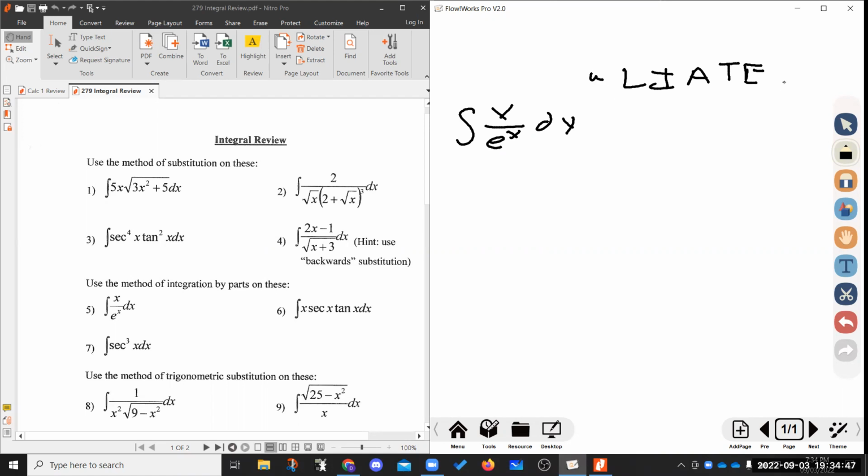Choose u from this side and dv from this side, where L stands for logs, then I for inverse trig functions, A for algebraic expressions, T for trig expressions, and E for exponential expressions. So LIATE, remember that.